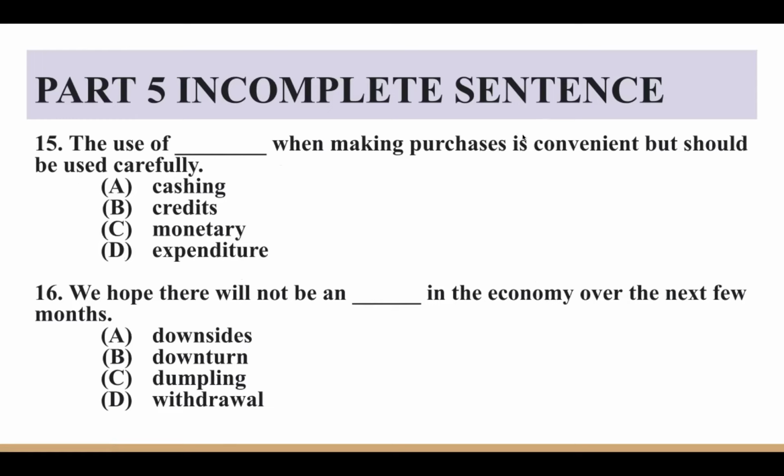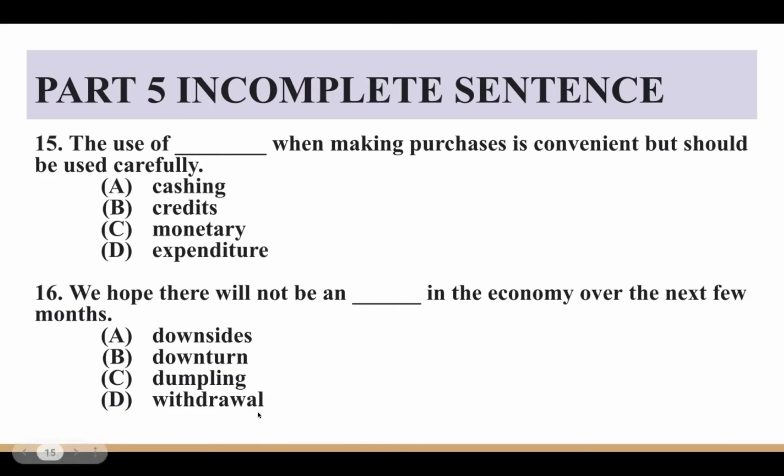We hope there will not be an in the economy over the next few months: downside, downturn, dumpling, and withdrawal. Okay, so here we have to understand and differentiate between downside, downturn, dumpling, and withdrawal.